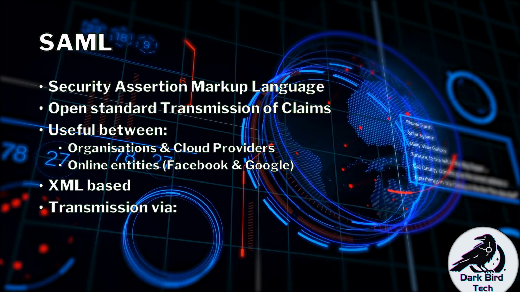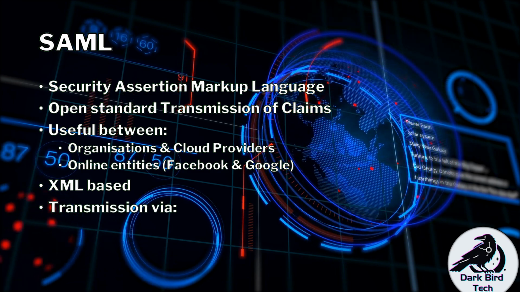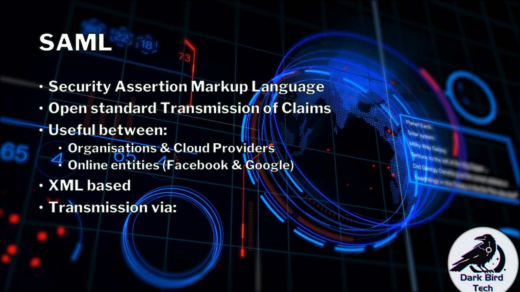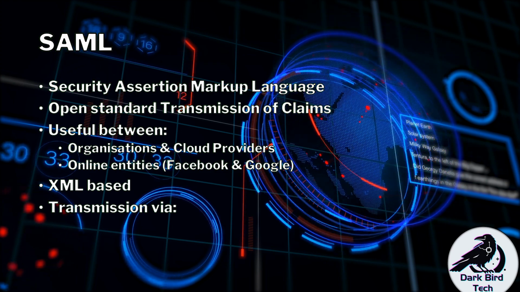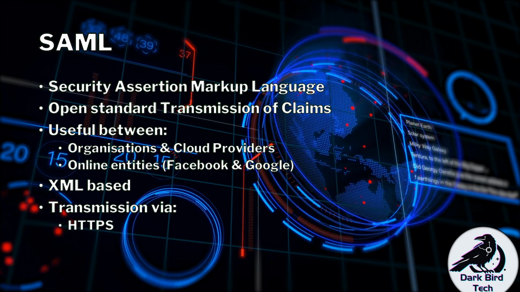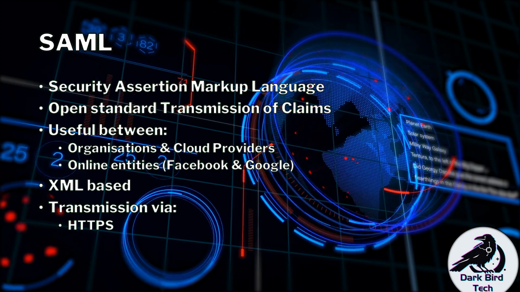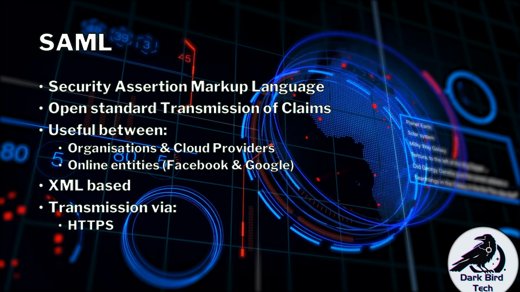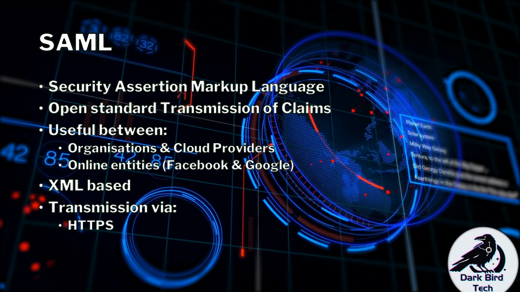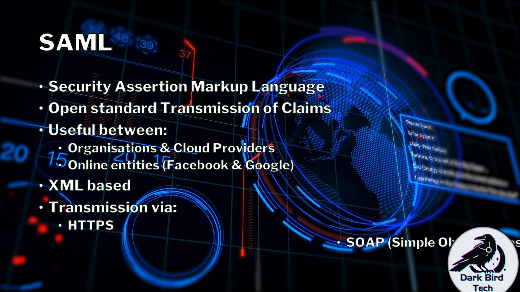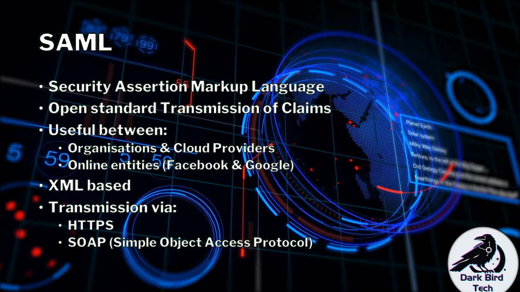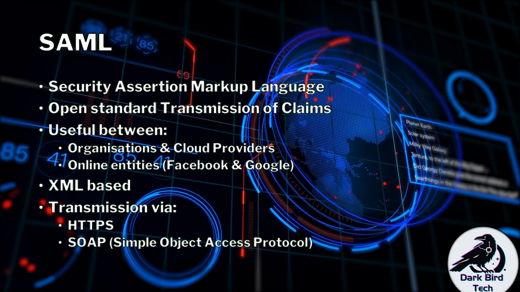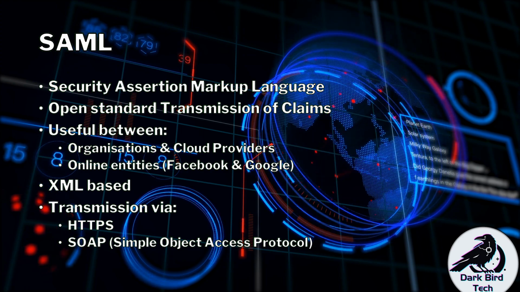But the important thing when it comes to federation is how secure is the transmission of the federated data. Well, here we have transmission through HTTPS. It will not work through HTTP. It only works through HTTPS. So that's a bit of a relief there, right? Or we could do it with SOAP, the Simple Object Access Protocol, which is another pretty good option there.